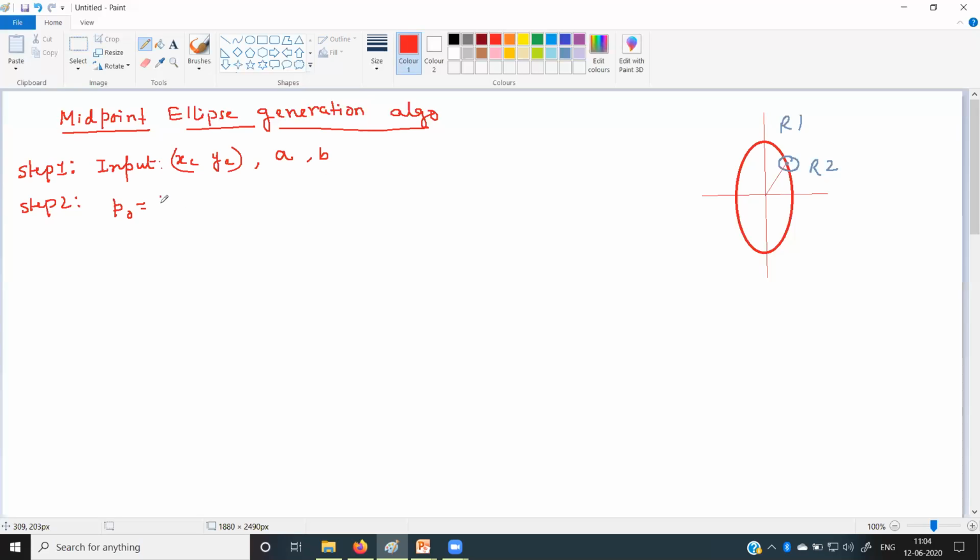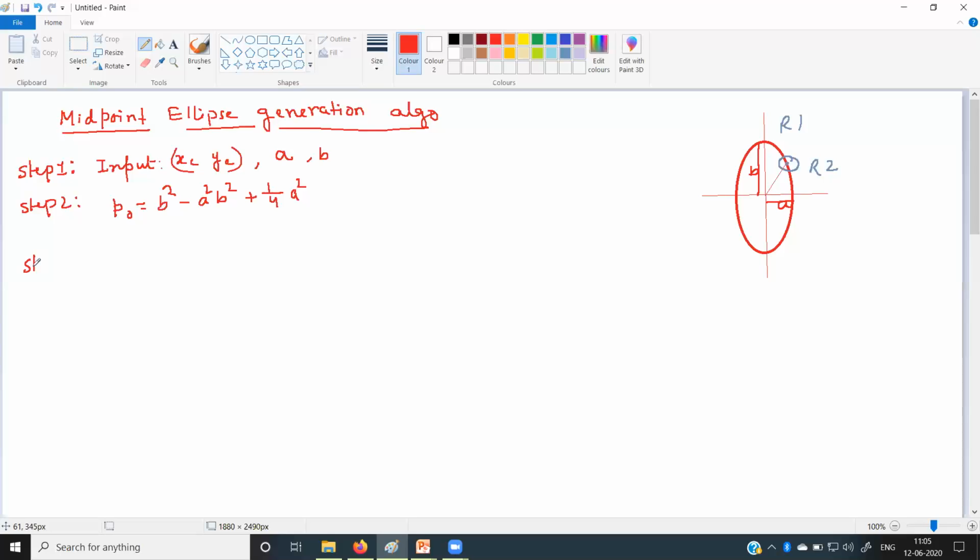In my previous lecture, you can find how we get this equation. So we have to compute P0.